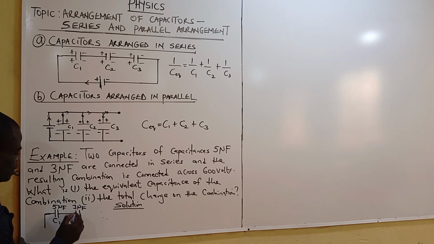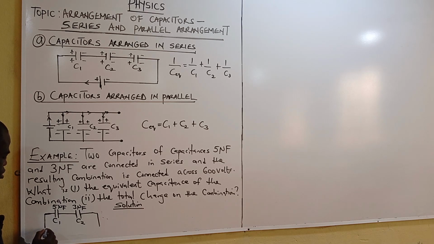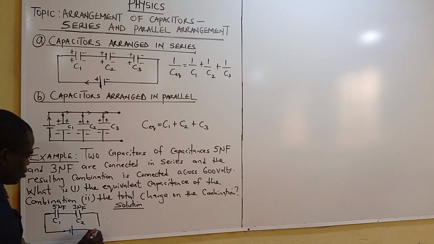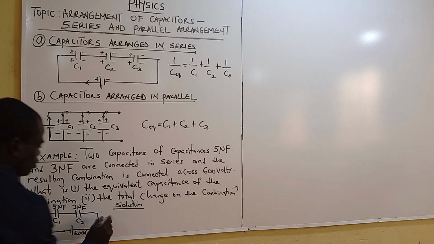When you are drawing a capacitor, let the two hands be the same. That's C2, in series with, across 600 volts supply. What is the equivalent capacitance of the combination?